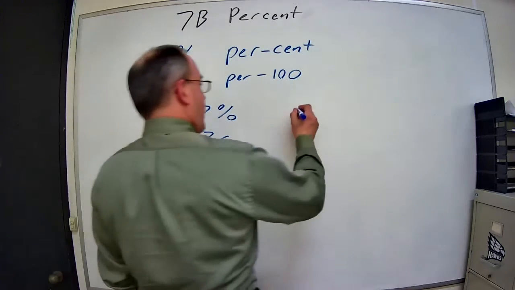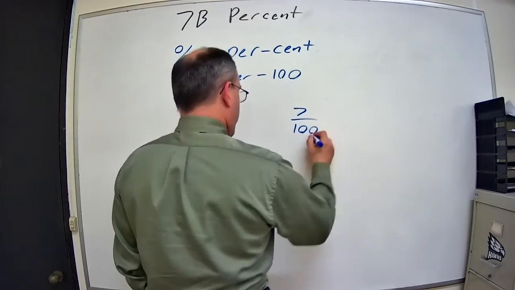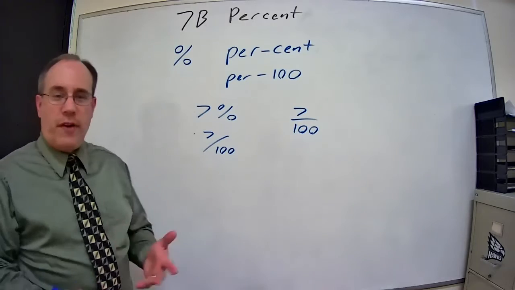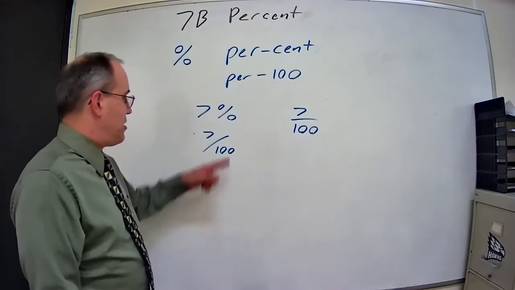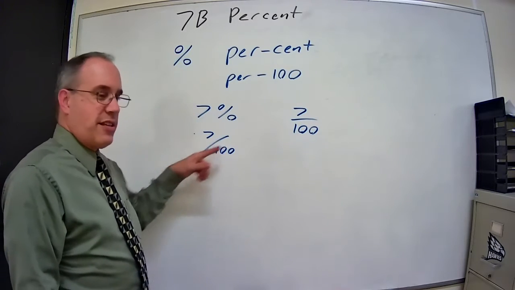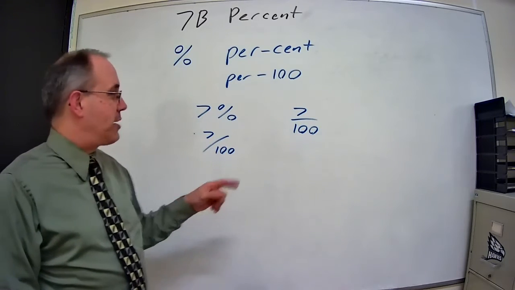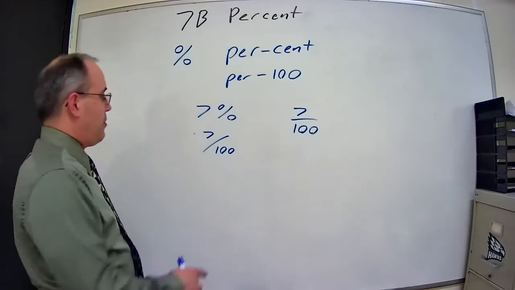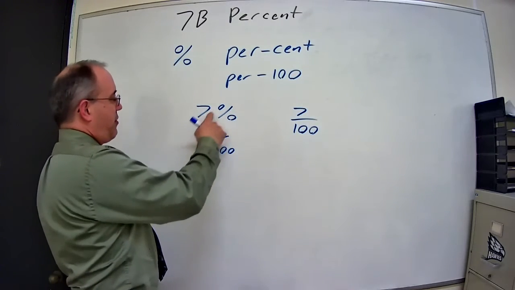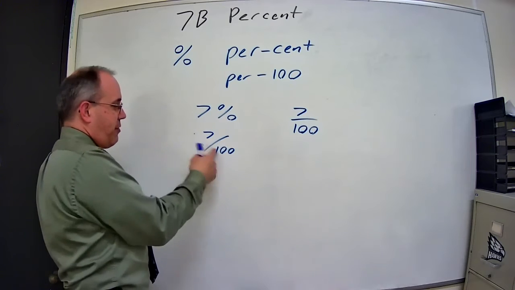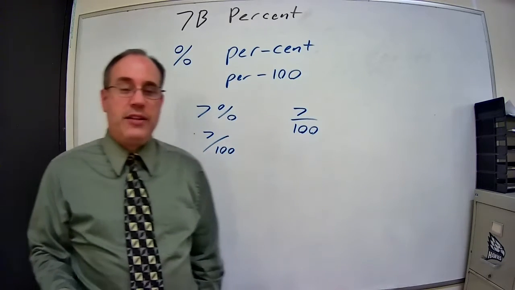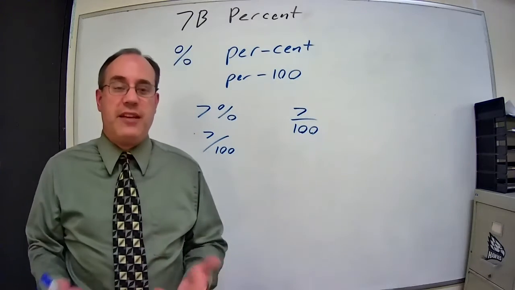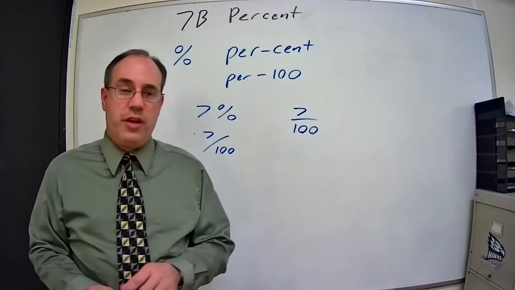Many times we'll write that as 7 over 100. With fractions, sometimes people do slants for the division symbol, sometimes they do it horizontally. It doesn't matter either way. But if you look at this, you see, 7%, it's 7 per 100. And that's really the point of percent. You're dealing with per 100.